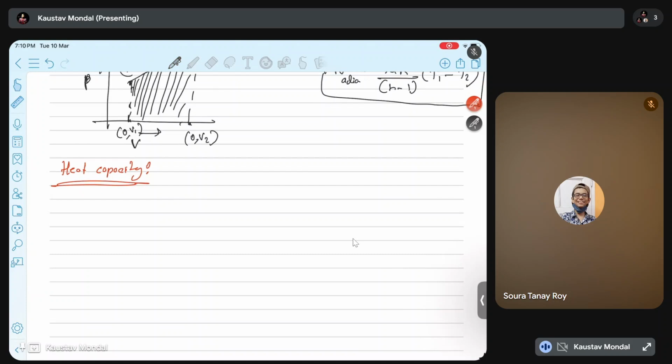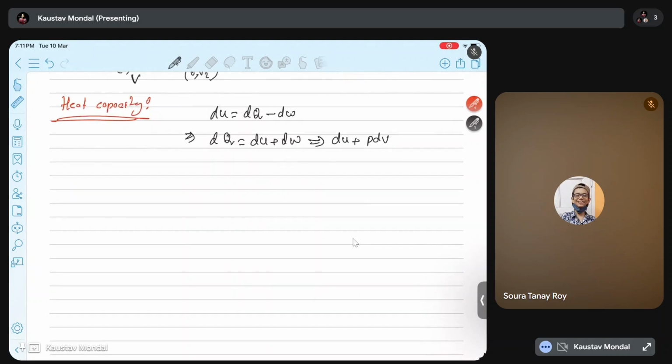Let's first write the law: dU equal to dQ minus dW. From here, dQ equal to dU plus dW, and you can write dW as PdV, so dU plus PdV.